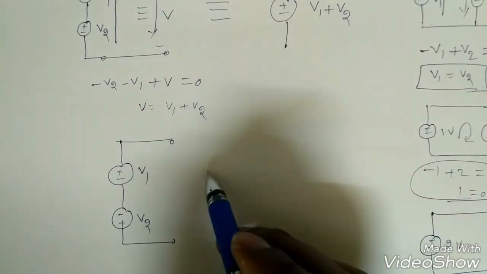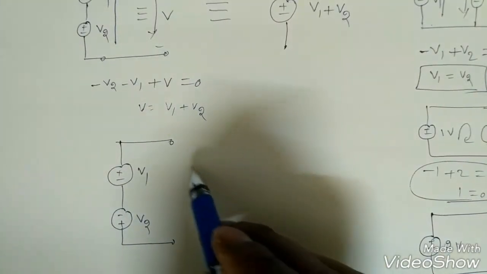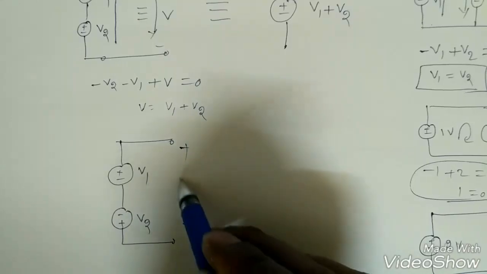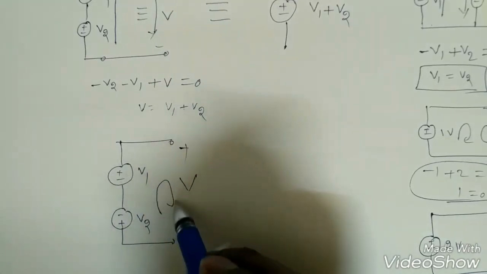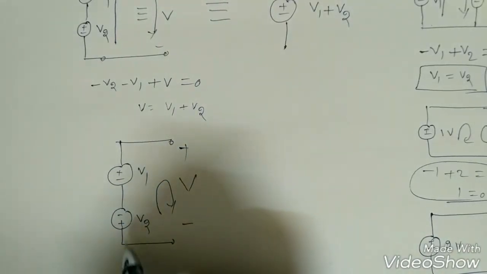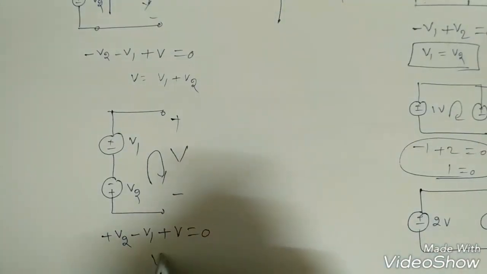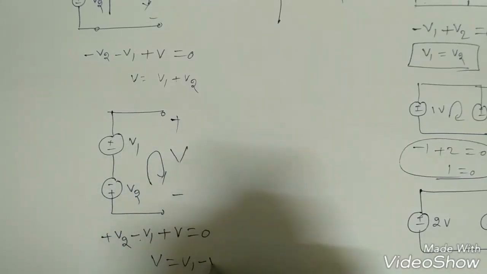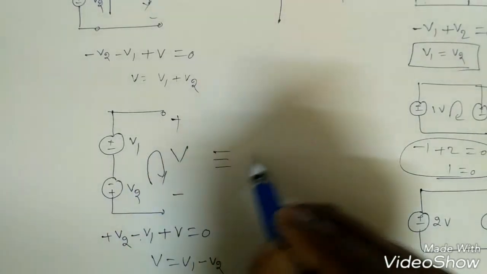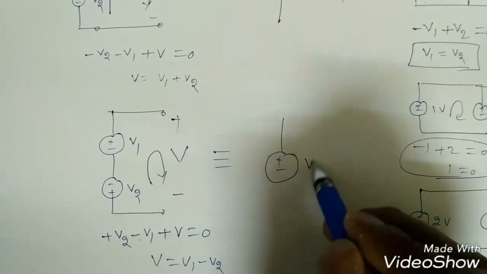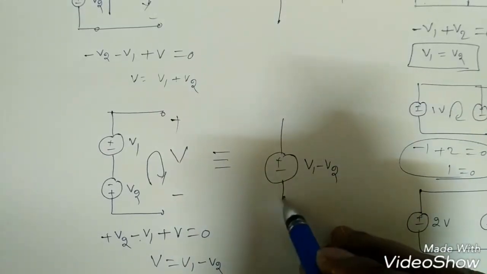To find the equivalent, it depends. Suppose I assume like this and apply KVL again: now it is touching the positive terminal, so plus V2, and here touching the minus, so minus V1 plus V equals 0. Now what we need is V, so minus V1 goes to that side and becomes plus, and plus V2 goes as minus V2. That means it will be equivalent to one voltage source, which is V1 minus V2, right?